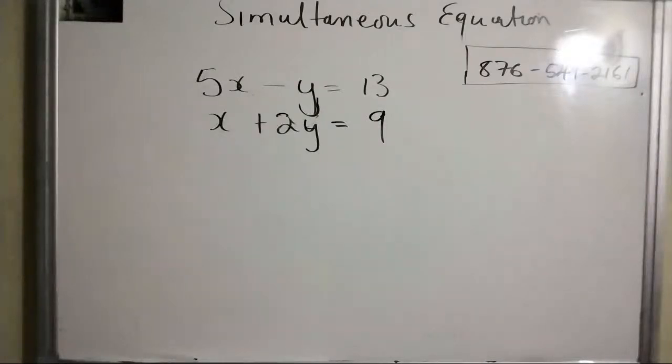Somebody said the solution now. Check it over. If the answer is correct, it must satisfy both equations. So when I substitute it, it has to work out to exactly the amount. It can't work for one and not work for the next. So check if you made an error.